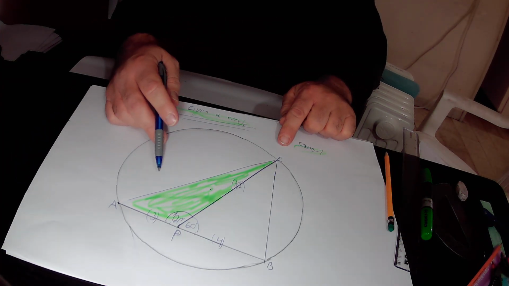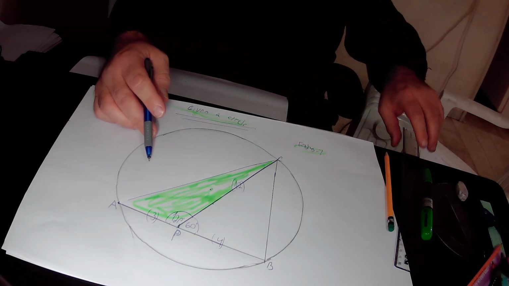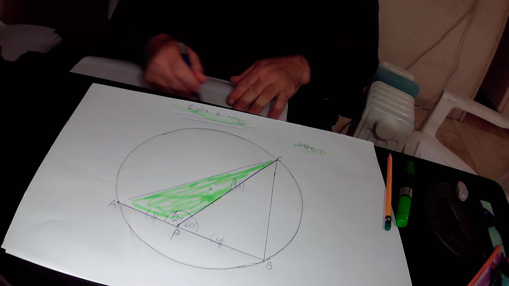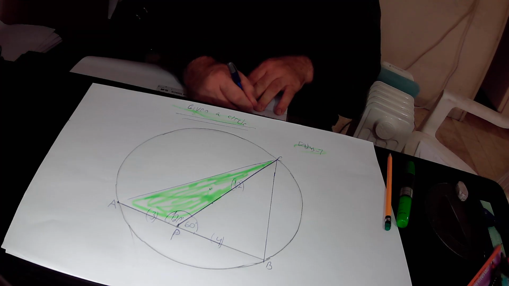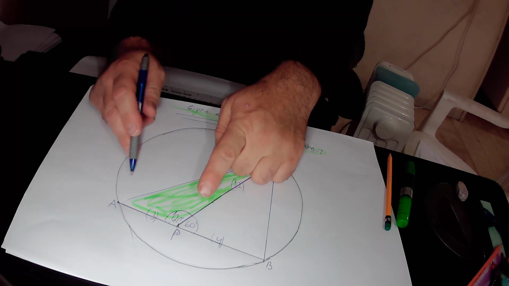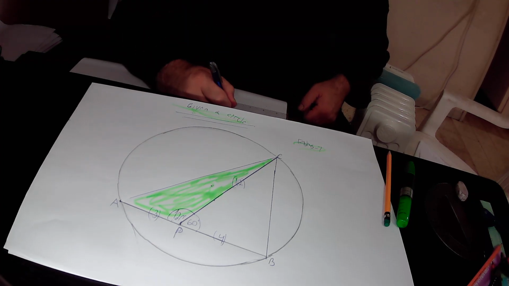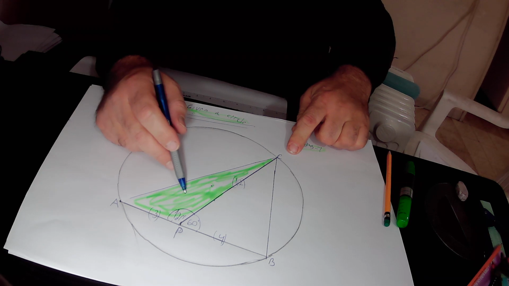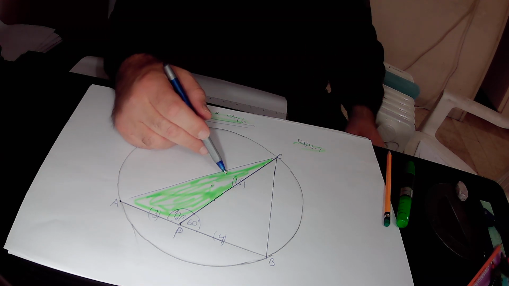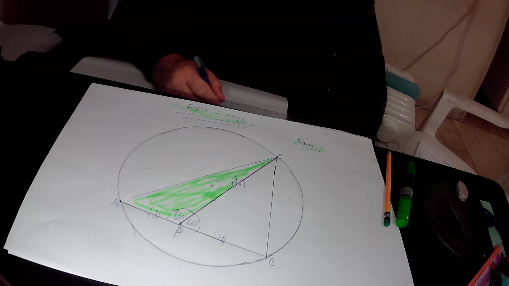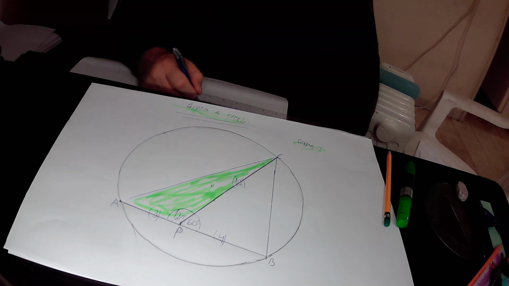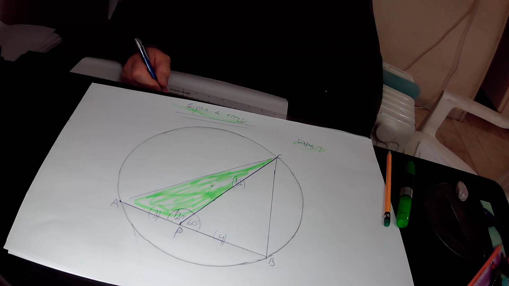CA is the missing side, so we leave it as CA squared. CA squared equals AP squared. AP is 3, therefore AP squared is 3 squared, that is 9, plus CP squared. CP is 12, therefore CP squared is 12 squared, that is 144, minus 2 times AP, which is 3, times CP, which is 12, times cosine 120 degrees.